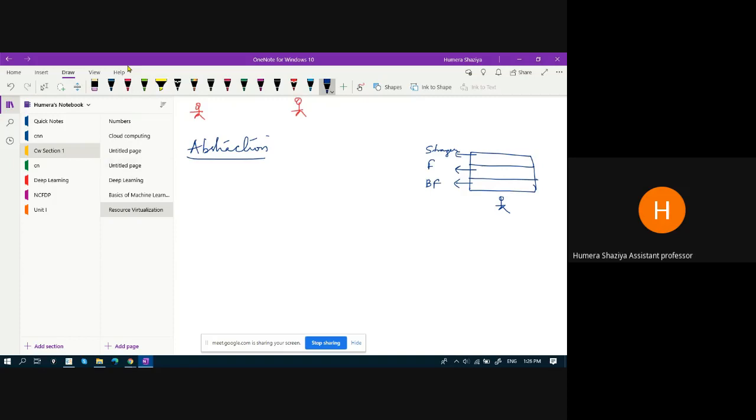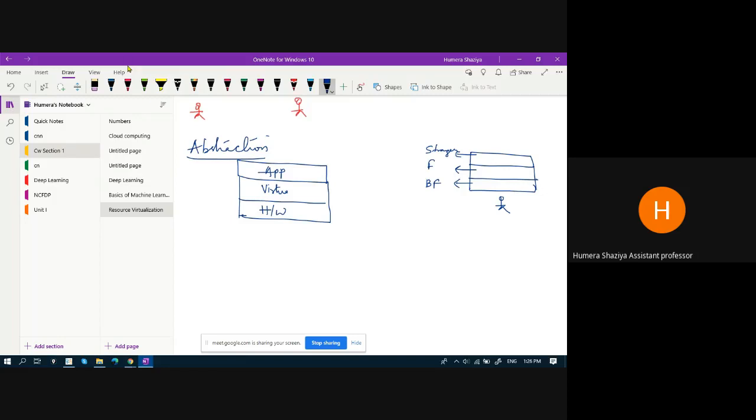Like that, you also have levels of abstraction in our computing world. At the bottom level, you have hardware, and on top of hardware, you have virtualization. On top of virtualization, you might have some other applications. Hardware is the crudest form with which you can interact directly.